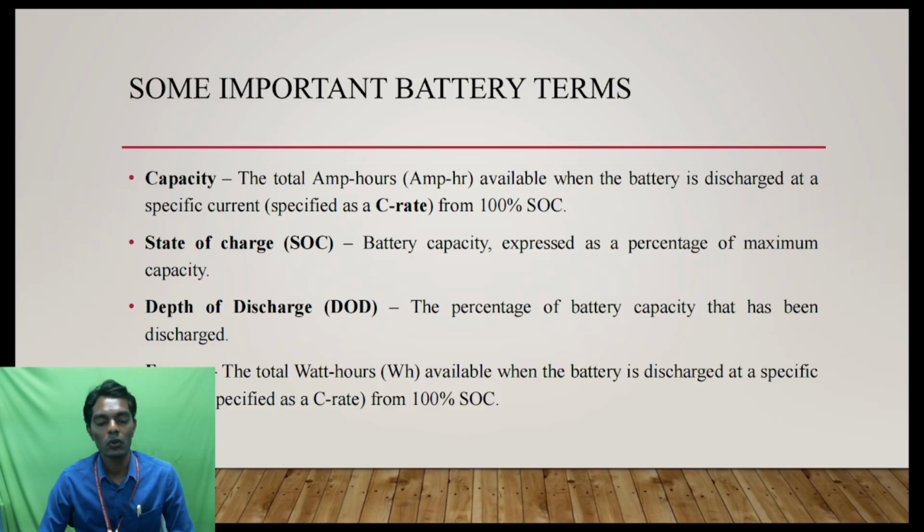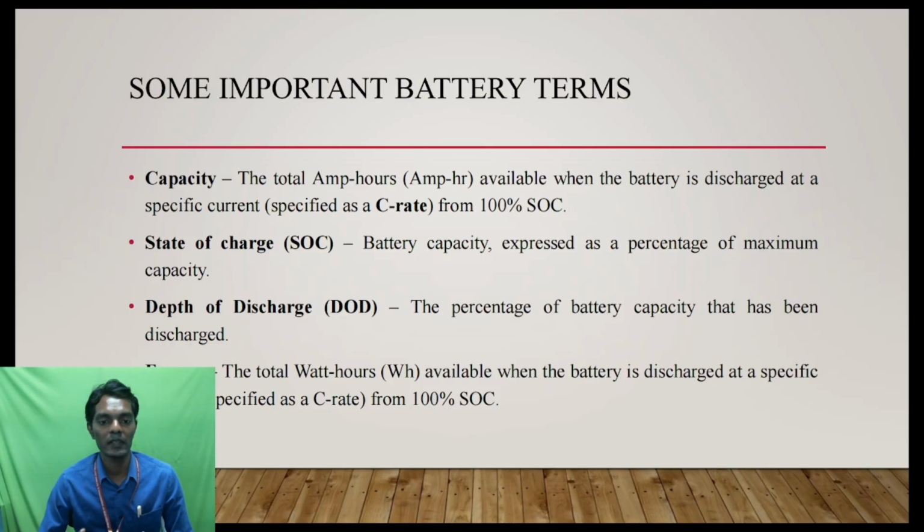Energy is the total watt hours available when the battery is discharged at a specific current, specified as a C rate, from 100% SOC. Energy is similar to capacity, but in capacity we only talk about ampere hour, whereas in energy we talk about watt hour. So we also include the voltage: voltage into current into hour.